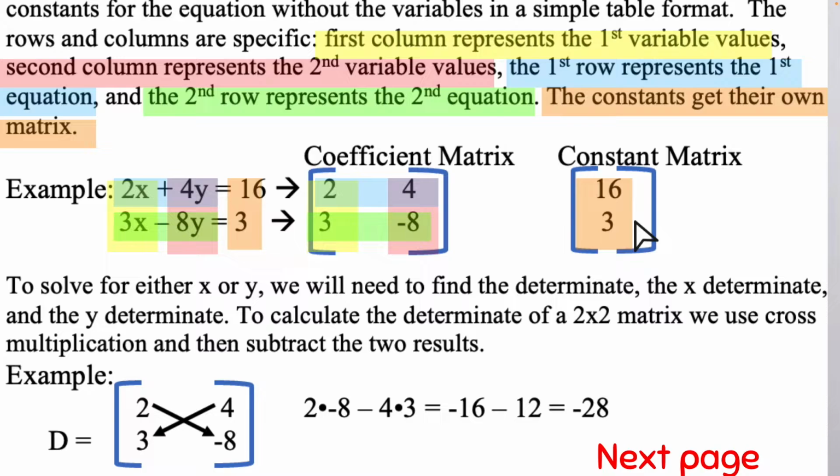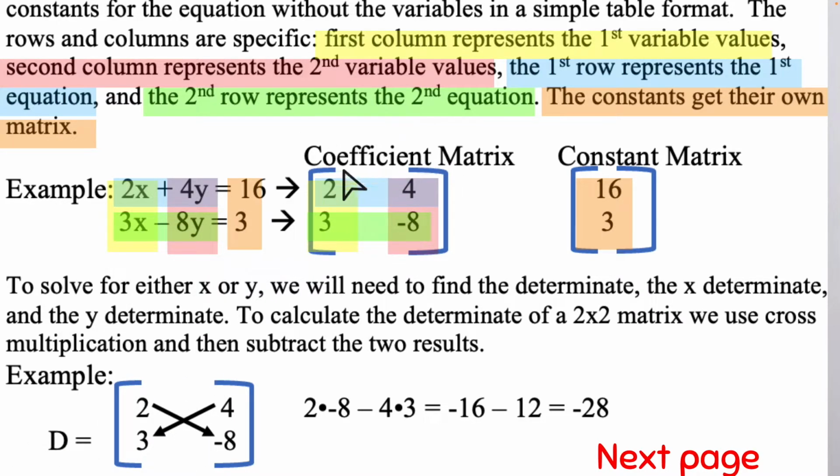All right. So to solve for either x or y, we're going to need to find what's called the determinant, the x determinant, and the y determinant. So we have 3 things to find. To calculate the determinant of a 2 by 2 matrix, that just means that it's 2 rows by 2 columns, we use cross multiplication and then subtract the 2 results. So here's an example. D stands for determinant, and here's my matrix that I just created up above.